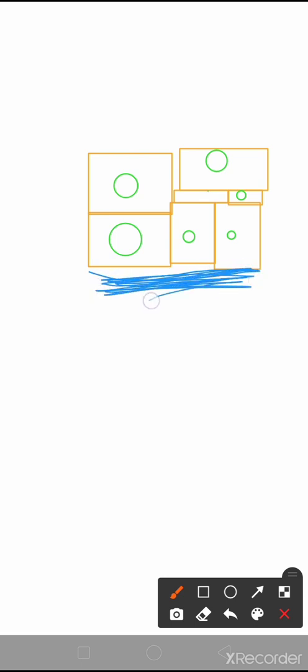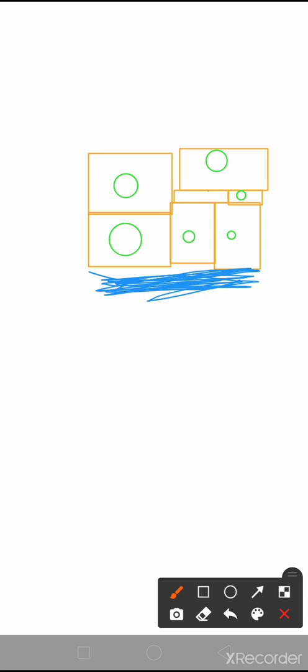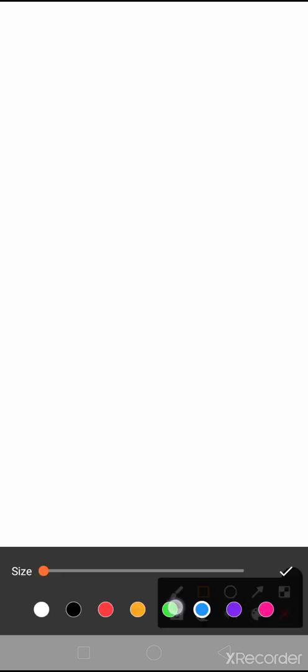So this is compound cuboidal epithelial tissue, and it is found in the pancreatic duct or ducts of glands, salivary gland, etc.